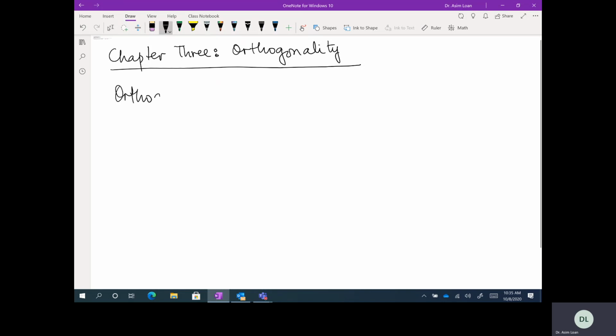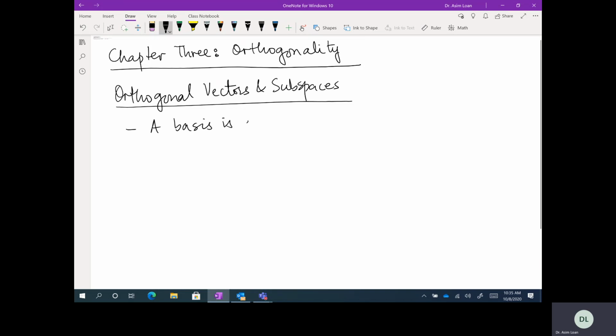Orthogonal vectors and subspaces. A basis is a set of independent vectors. We know that a basis is a set of independent vectors that span a space.